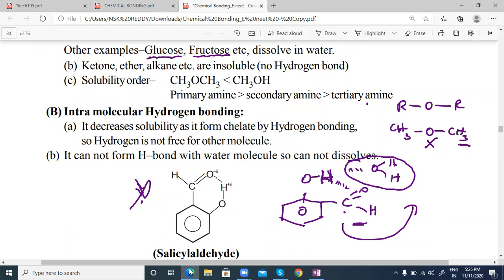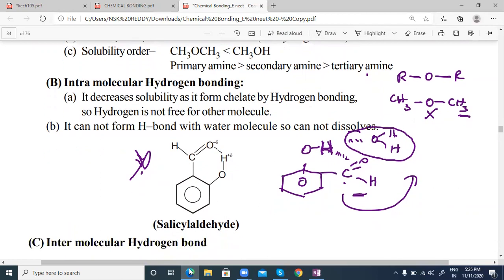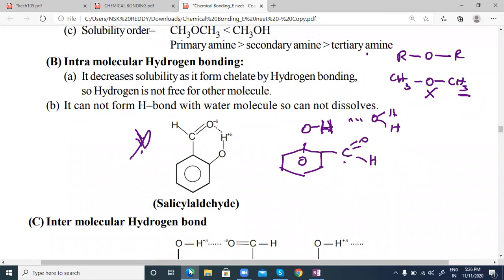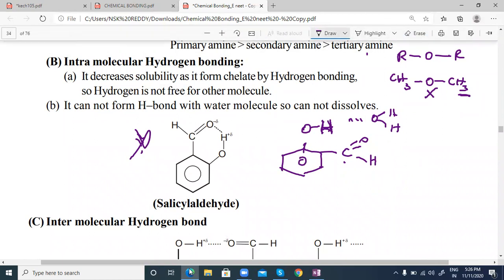And intramolecular hydrogen bonding decreases the solubility. How it decreases, we'll discuss here. I'm taking one of the molecules.